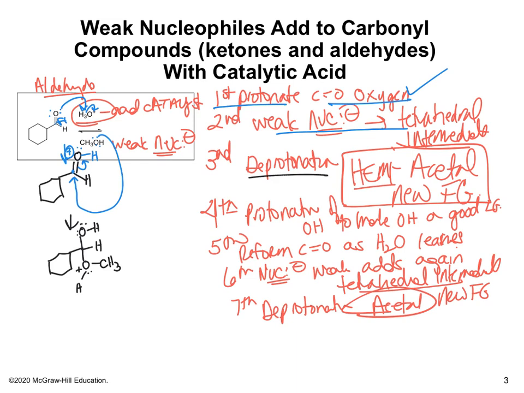And then deprotonation to form the hemiacetal. So here you have acid catalyst. Here it's deprotonated to make water. And then this water can turn around and deprotonate to give you the hemiacetal.